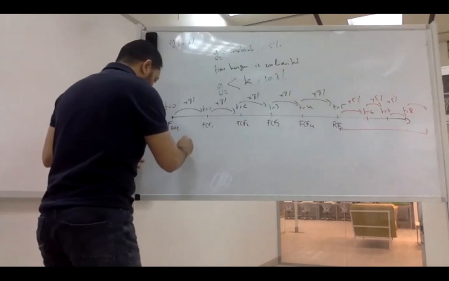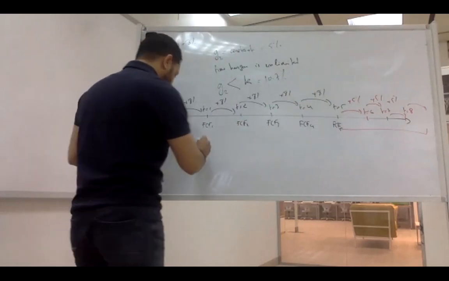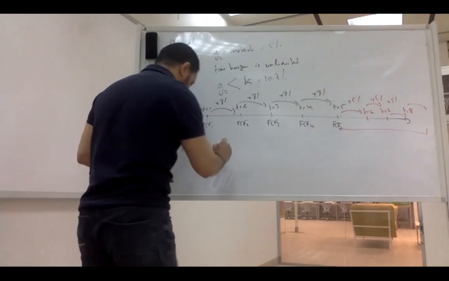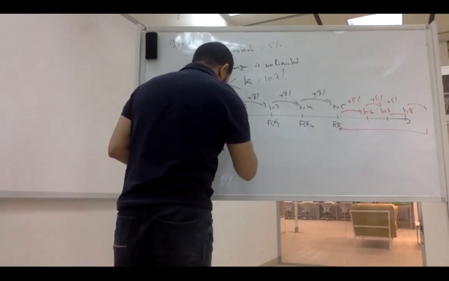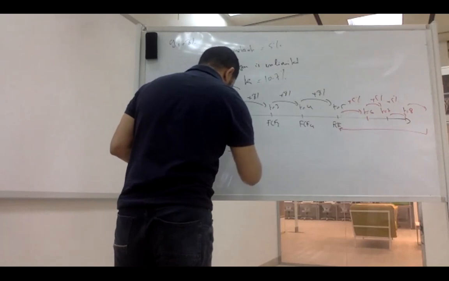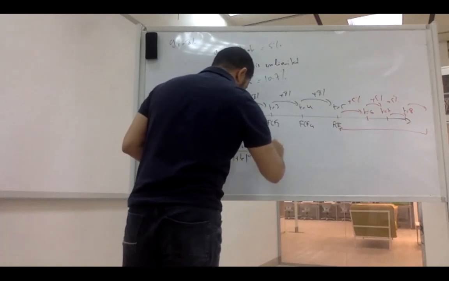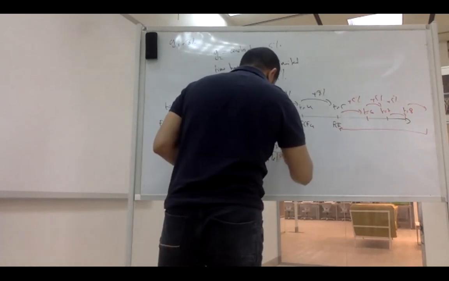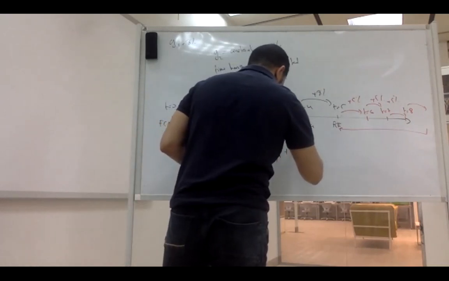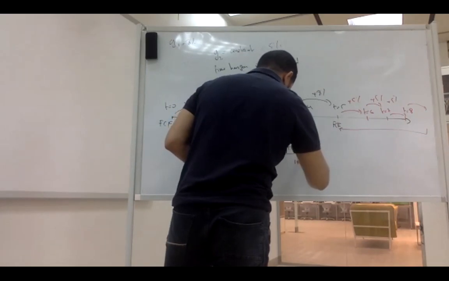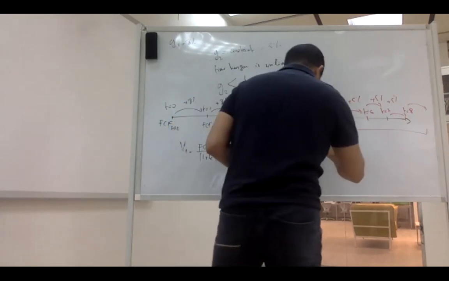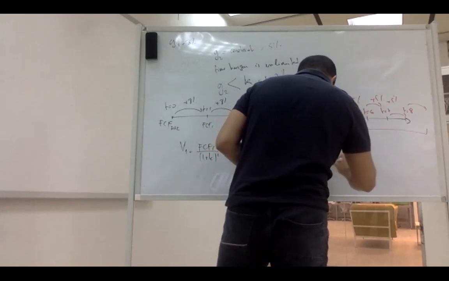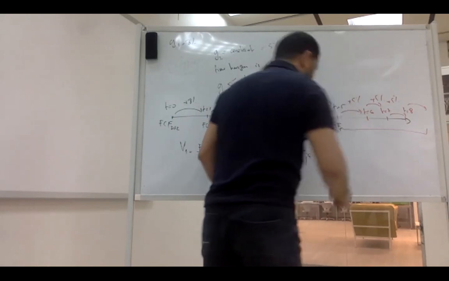So the V1 is nothing but free cash flow 1 divided by 1 plus k power 1, plus free cash flow 2 over 1 plus k power 2, free cash flow 3 over 1 plus k power 3, free cash flow 4 over 1 plus k power 4, and free cash flow 5 over 1 plus k power 5.